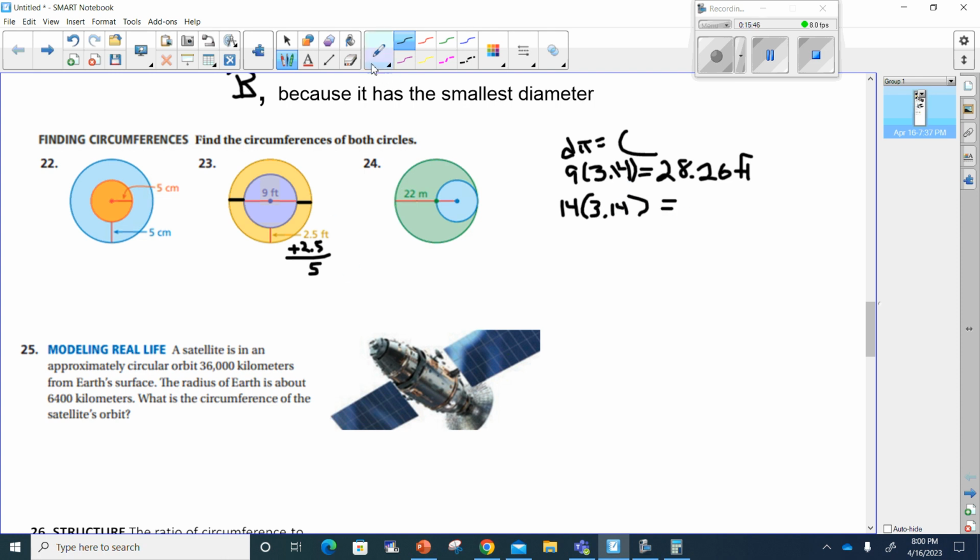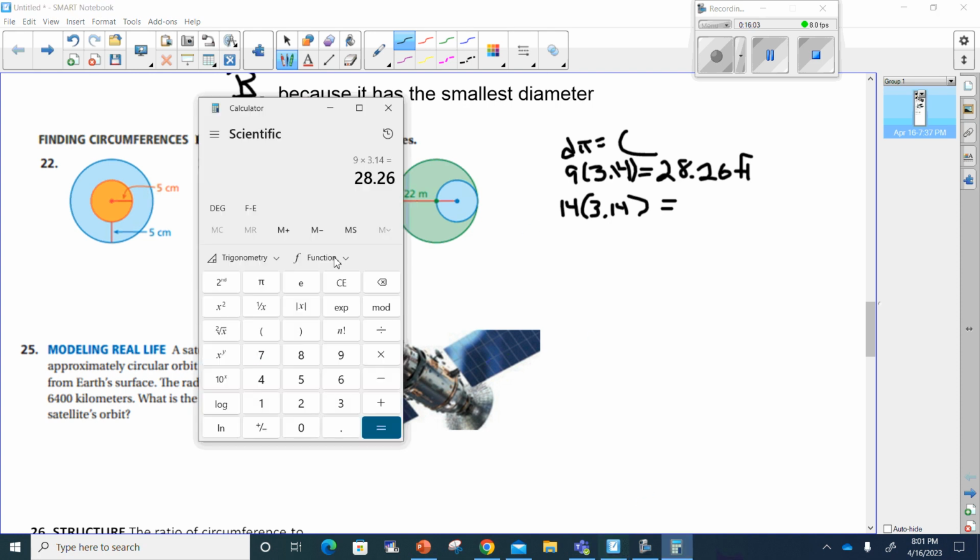Let's see. I can erase this one here, and we can put the answers for both circles. The first one, the smaller one, was 28.26 feet. The second one is going to be 14 times 3.14.